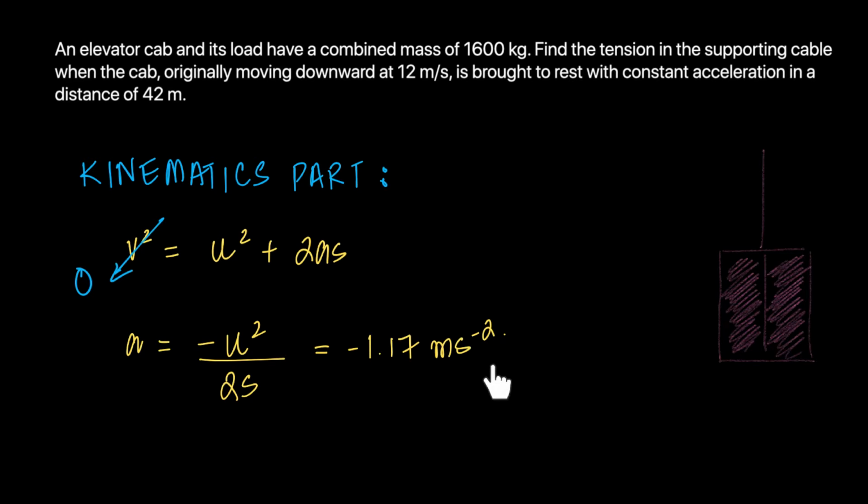So it's decelerating, and the deceleration is actually caused by the wire. It has its own weight and it's being decelerated. So let's figure that out. It's brought to rest with a constant acceleration in a distance of 42 meters. We have the weight of this elevator as W, which we can easily find from the mass.